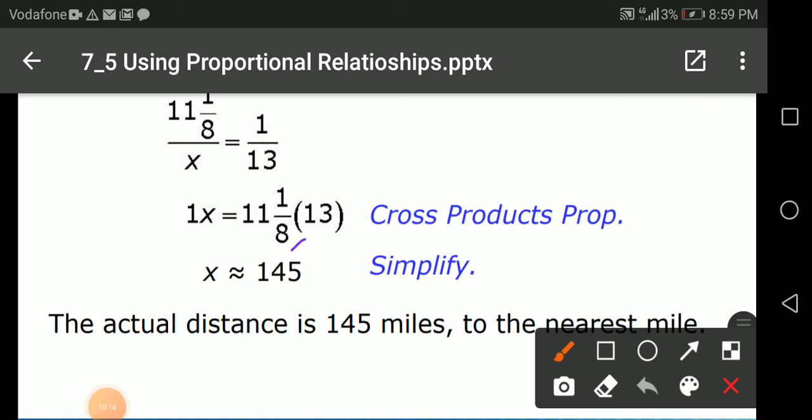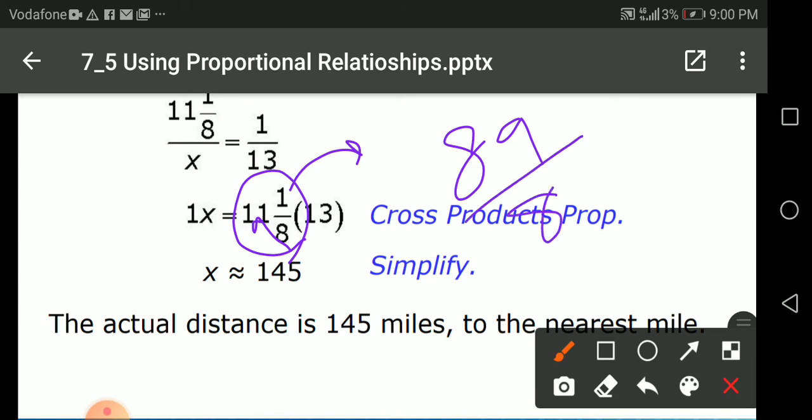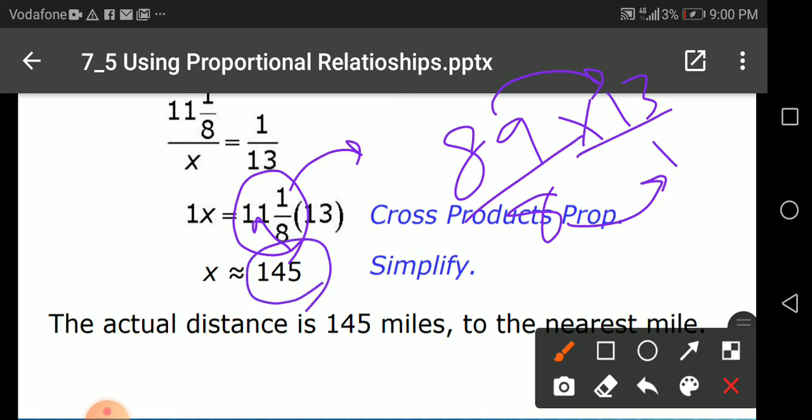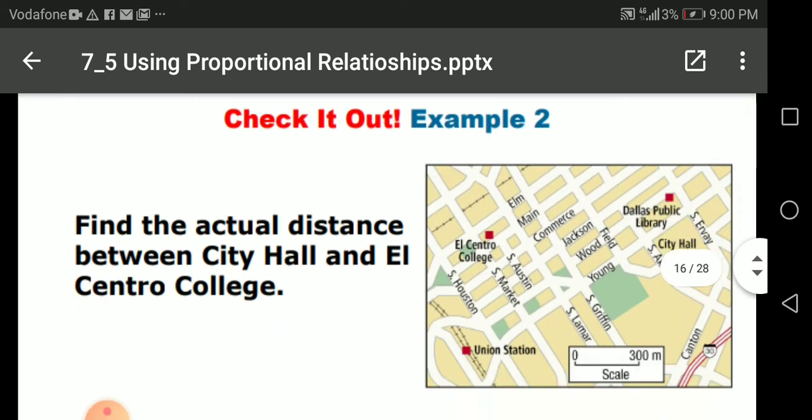I will convert the mixed number into an improper fraction. 8 times 11 equals 88, plus 1, 89 over 8. Then I will multiply it by 13 over 1. So multiply this times this and then simplify. Then the final answer will be 145 miles to the nearest mile.